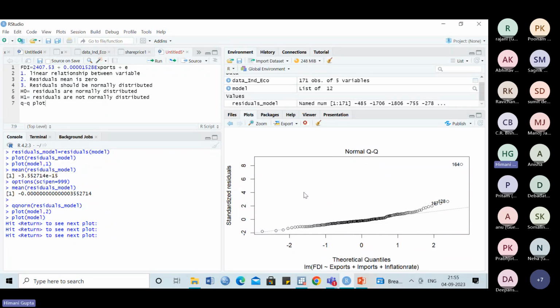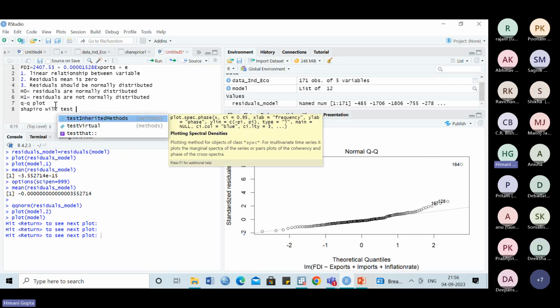Got it? Any doubt? Now, these are the ways of making a diagram. By plotting, I can observe that my data is not normally distributed. Now let's come to the tests. We have learned one way, the QQ plot. Now we will go with some tests. The first test is the Shapiro-Wilk test.